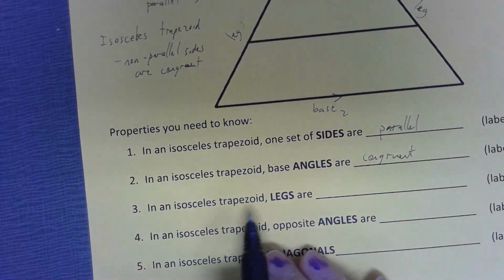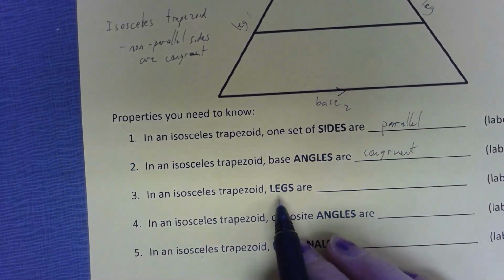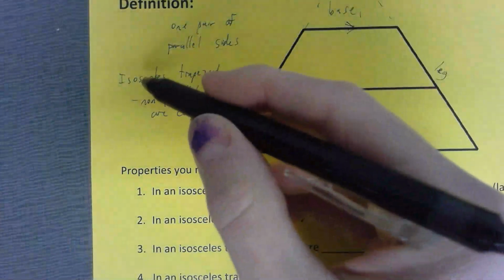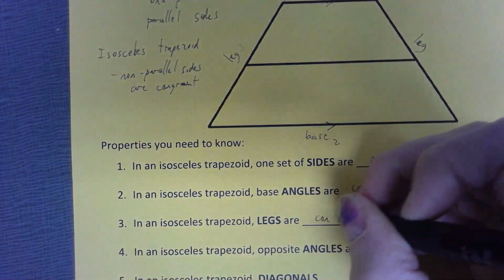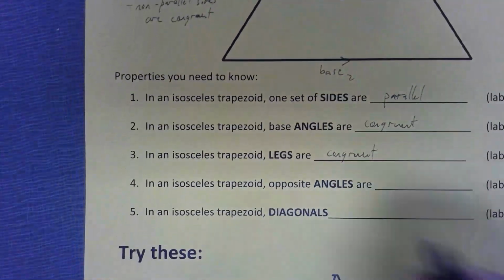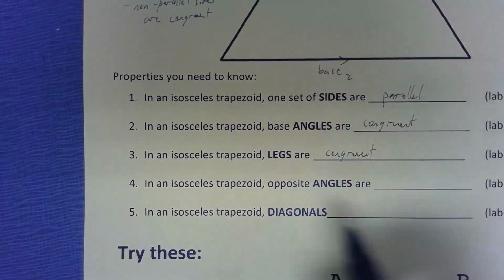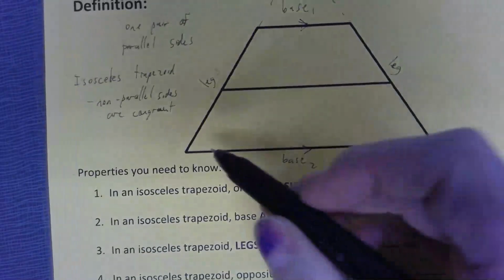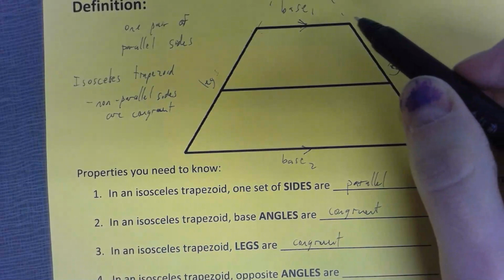Another thing about the isosceles trapezoid: because it's isosceles, the legs are congruent. And in an isosceles trapezoid, the opposite angles aren't congruent like they are in parallelograms.